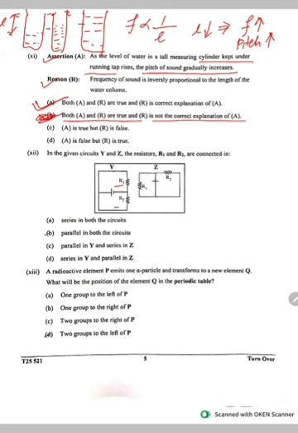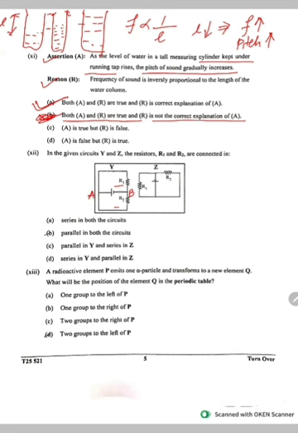In this, it is asking about the options: both R1 and R2 in series, both in parallel, parallel in Y and series in Z, series in Y and parallel in Z. So which option is correct? We have to choose. Okay, so let's take the Y circuit. In the Y circuit, mark here A, B. This one is our cell.